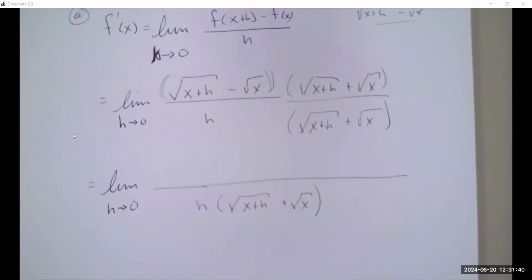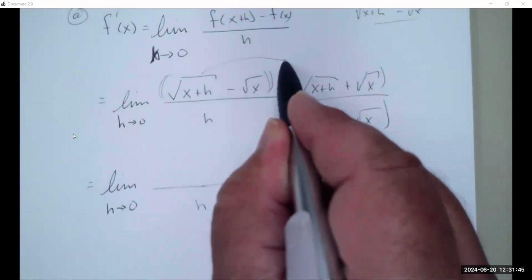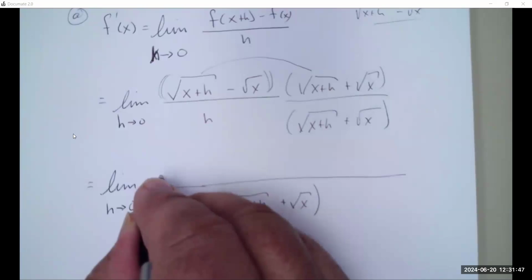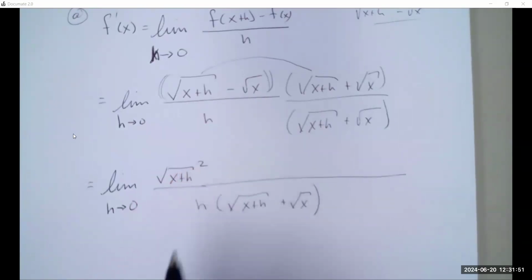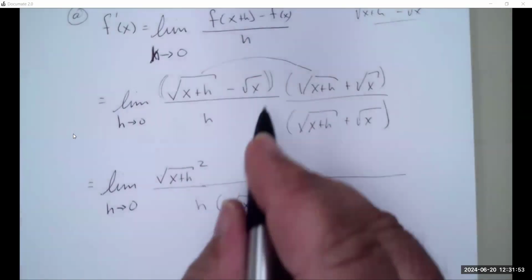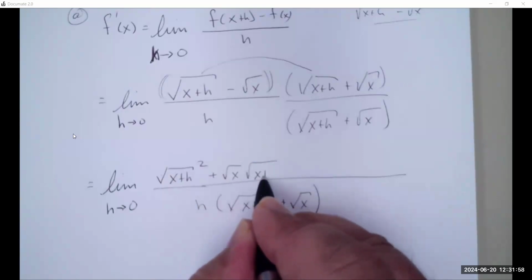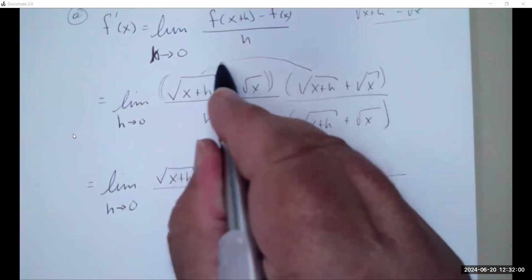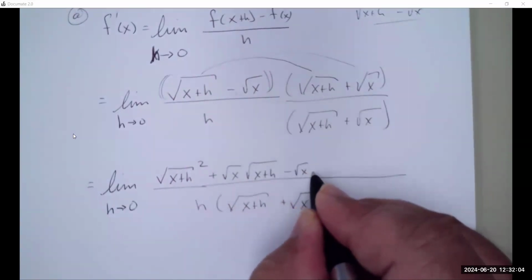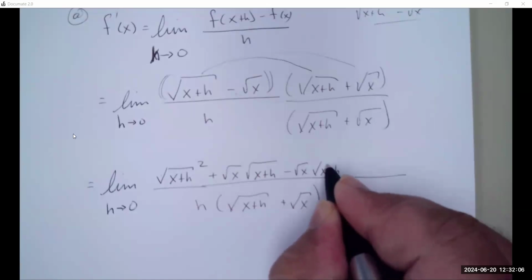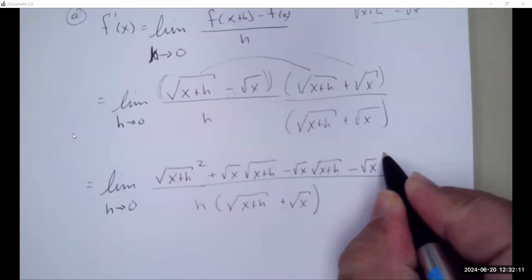So what do you think we got to do on top? FOIL. This times this gives us square root of x plus h squared, plus radical x plus h, minus radical x plus h, minus radical x squared.